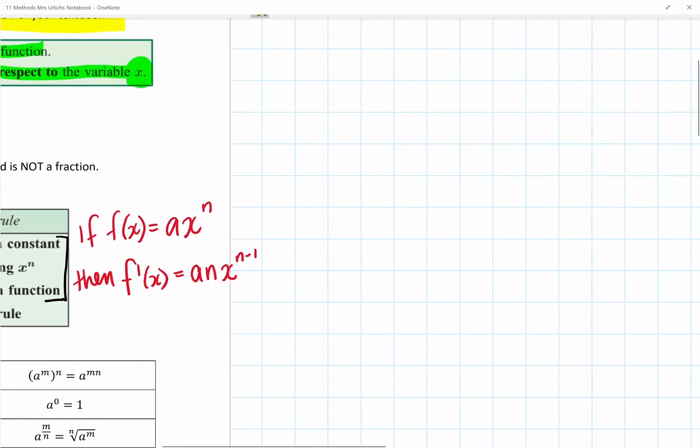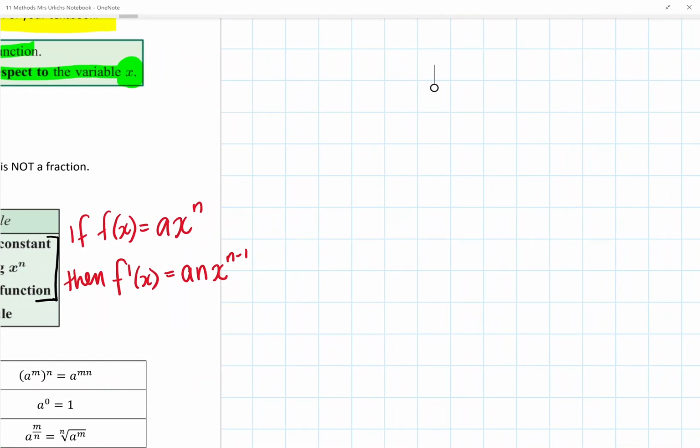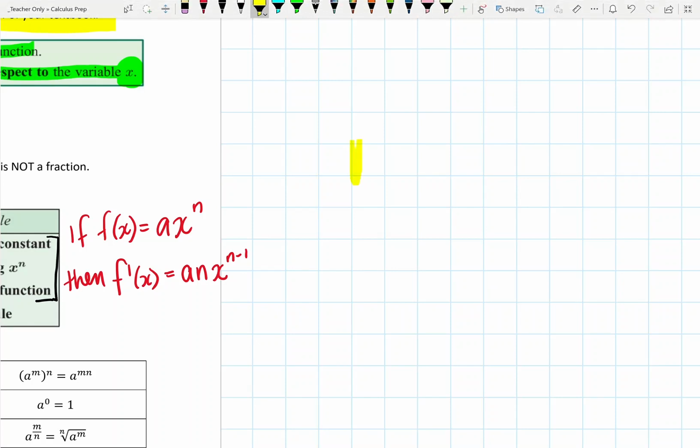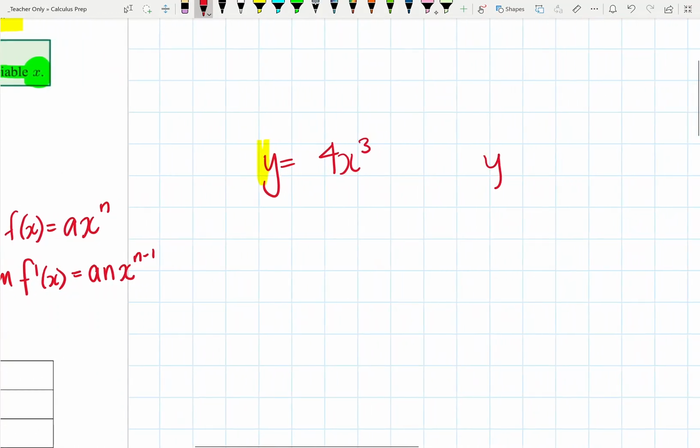Let's do some simple examples. If y equals 4x cubed, then y dash is going to equal 3 multiplies by the 4. So you can write it out longhand if you want: 3 times 4x, and then it's 3 minus 1.